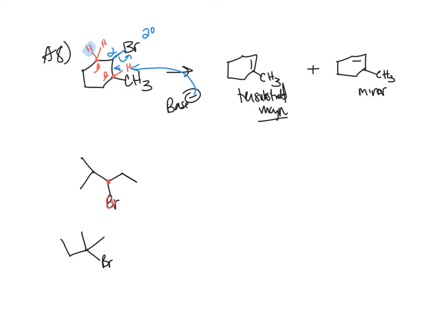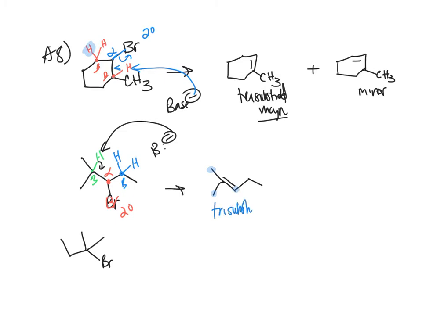There's your bromine. That's alpha. Do you see that's the secondary? So we have this beta, we have 2 hydrogens, and this beta would have 1 hydrogen. So for your major, your base is going to take the one with the least, just like that, and that would be 1, 2, 3 carbons. So this is a tri-substituted alkene.